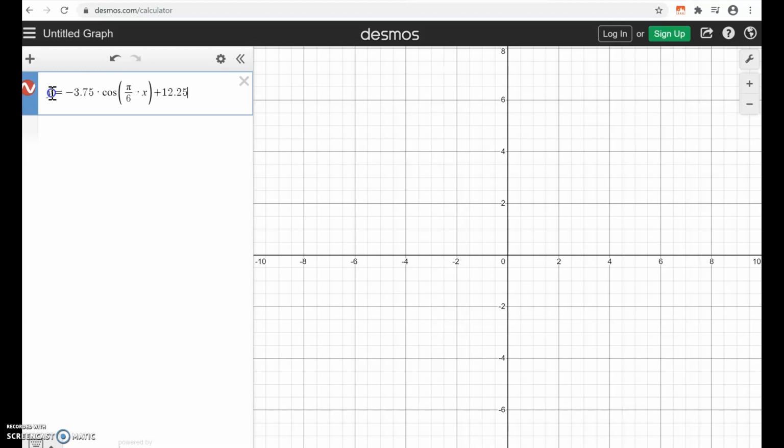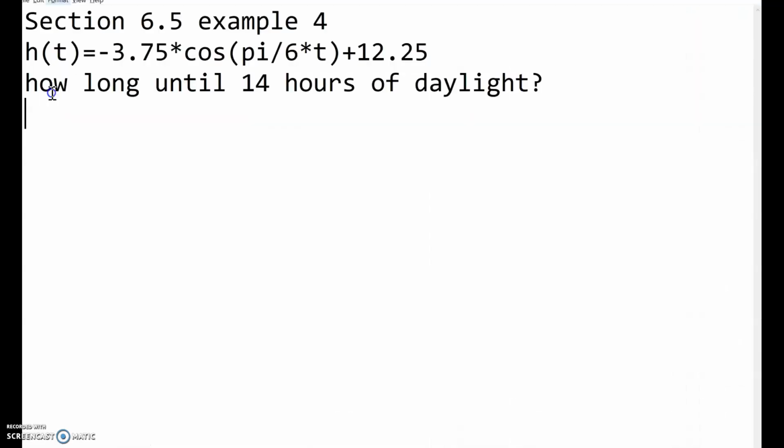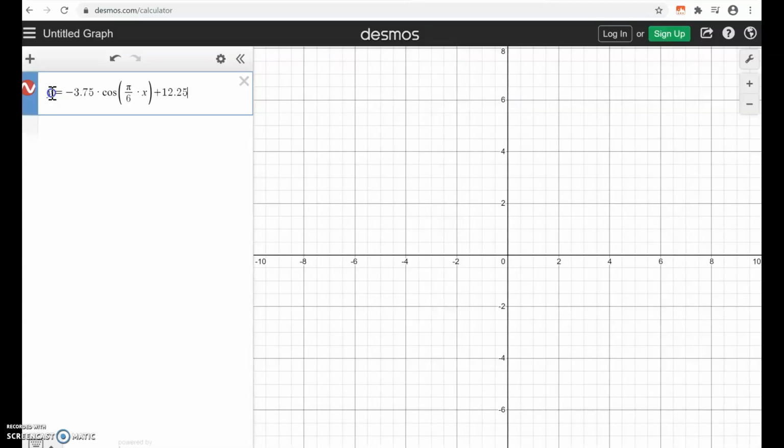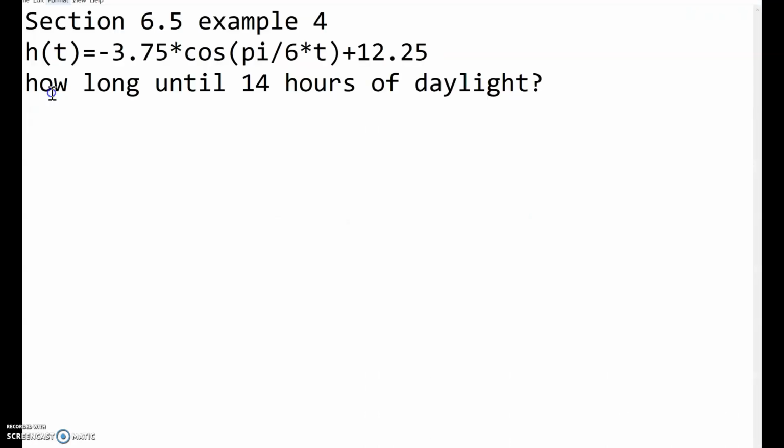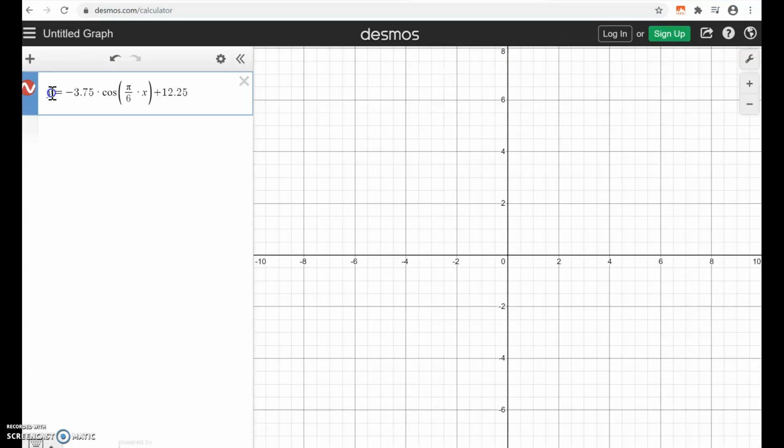I'm pretty sure that's what it was. Let me double check real quick here. Negative 3.75 times cosine pi over 6 times t, plus 12.25. That's right. Okay, press enter.